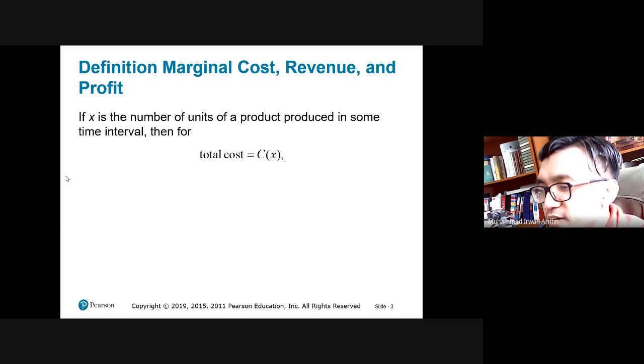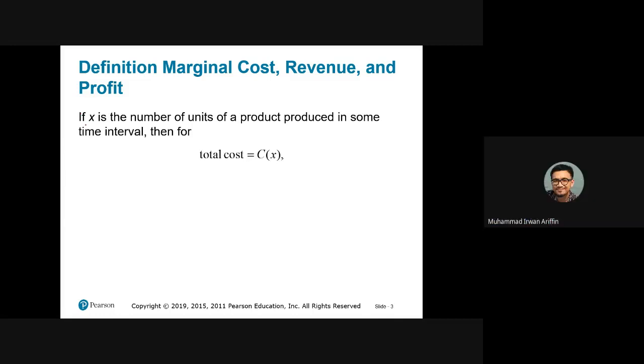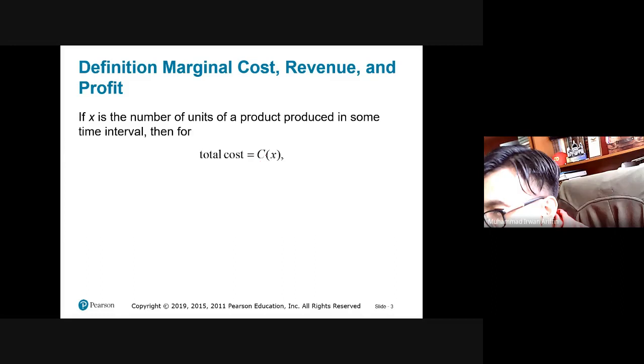If x represents the number of units of product produced, the quantity of product that we produce within some time interval, then we define total cost, in monetary value, ringgit or dollar, as the function C of x, where x is our input.